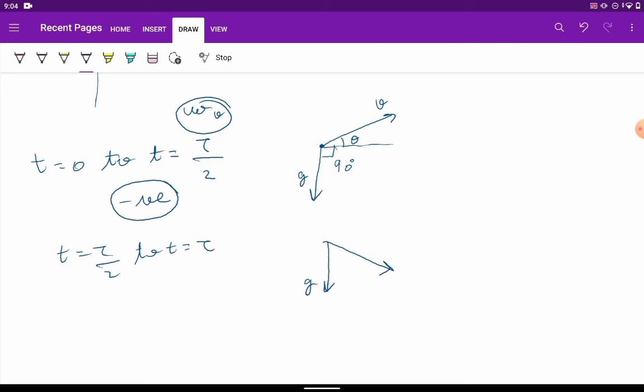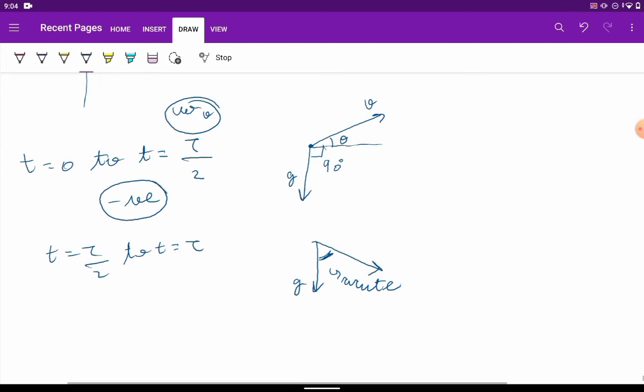So this is an acute angle. So since it is an acute angle, because it's making some negative angle with the horizontal, the component becomes positive.